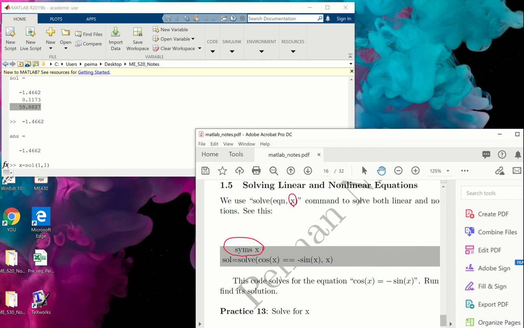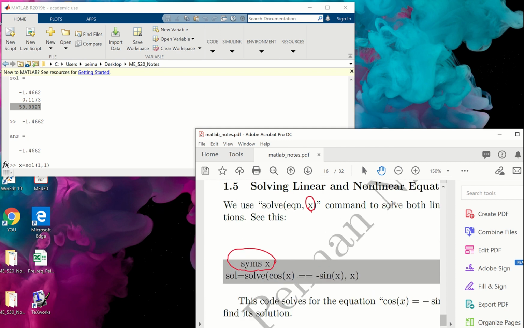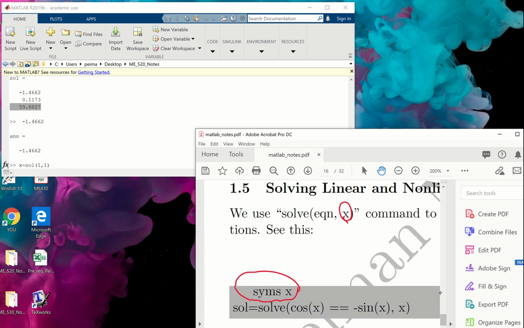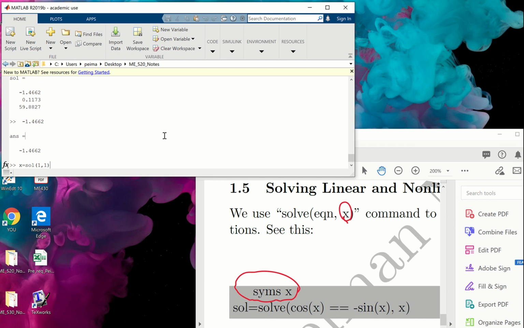Okay. So what we're going to do first, when you are dealing with solving equations, you have to symbolically define your variable in MATLAB. Syms is a very powerful command in MATLAB when you're coding huge codes in robotics, okay? So when you say syms x, it knows that x is a symbolic variable, not just a number.